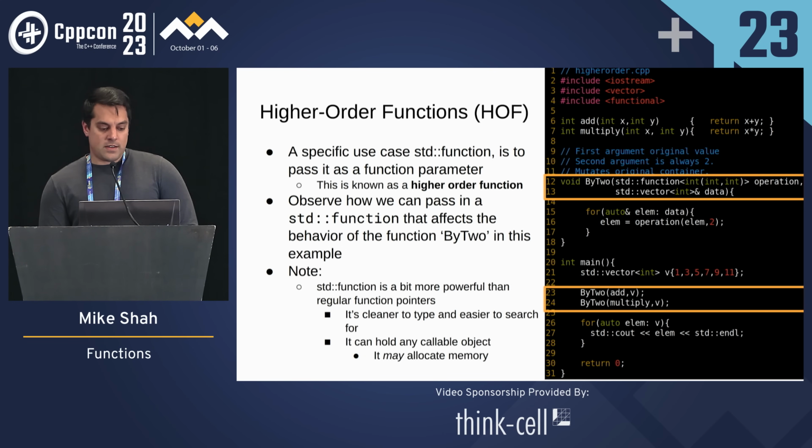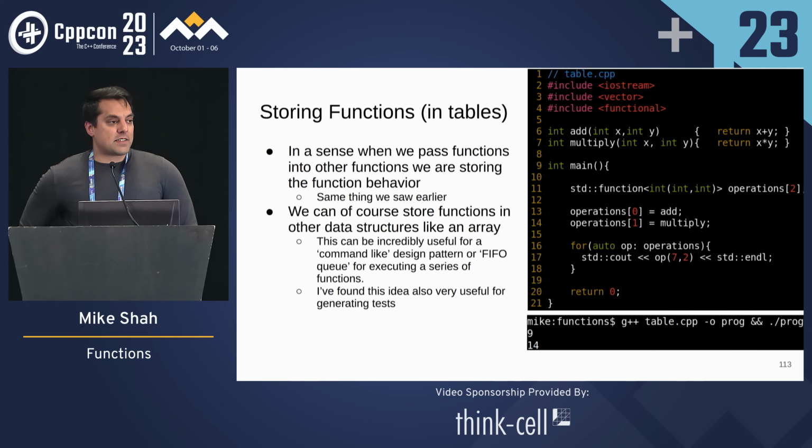Now, something else that's kind of neat is if I can encapsulate and hold a function and pass it as a parameter, again, it's just some location in memory. So you could store those functions in tables, in data structures, in event queues or whatever. And that can be very useful for testing purposes, automating things, if you want a series of functions to be called.